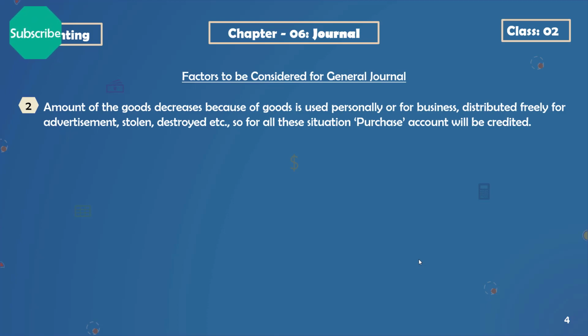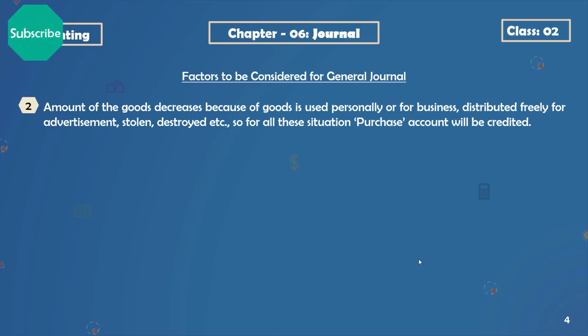The fact is, when goods decrease for these reasons, you have to write purchase account, and it must be credited. So if goods are reduced from your business because of these situations, you must credit purchase account.